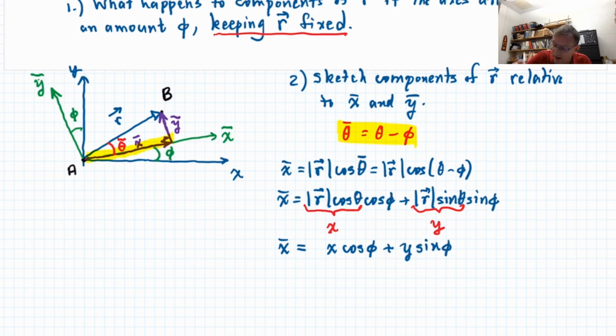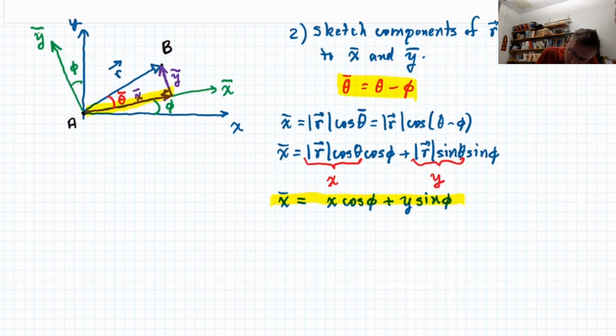And that turns out to be one of the two important relationships I need. It relates the new x component of the vector in the rotated axes to the original x and y components in the original axis. Now we play the same game for the new y component.